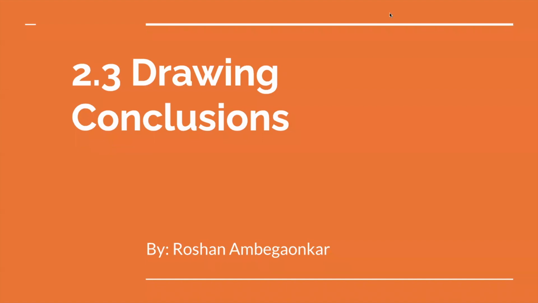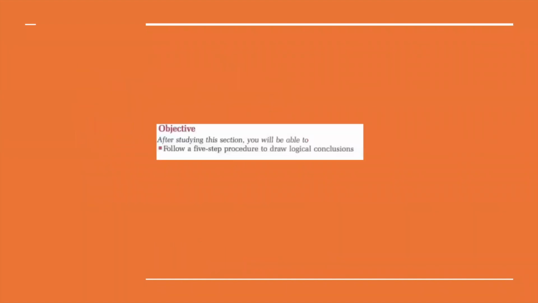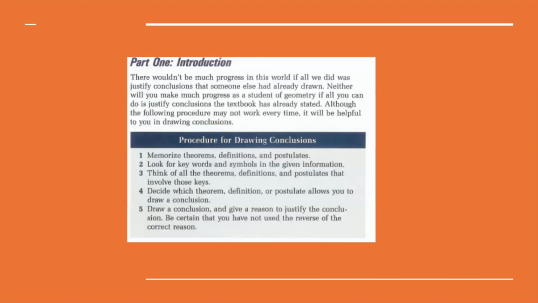Section 2.3, Drawing Conclusions. The objective of this section is to follow a 5-step procedure to draw logical conclusions. The first step says to memorize theorems, definitions, and postulates. The second step says to look for keywords and symbols in the given information.